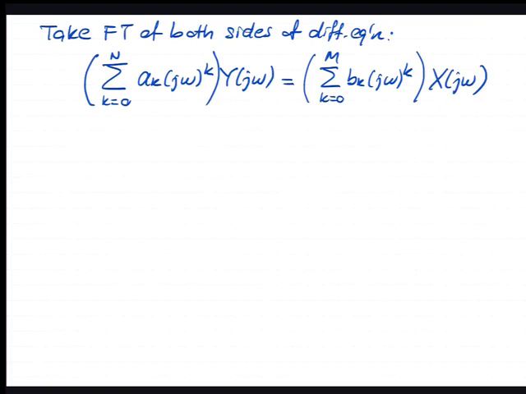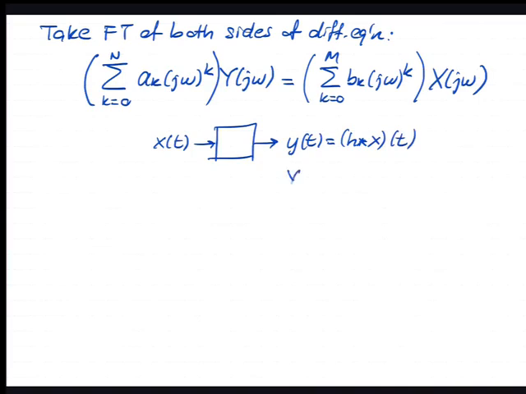So we are talking about linear time invariant systems. So if I have input x of t, what comes out is y of t, that is h convolved with x of t. And from the multiplication property of convolution, I know that in the frequency domain, I can write this as what?